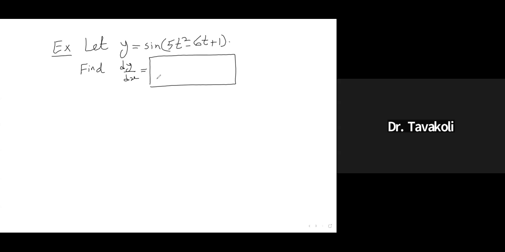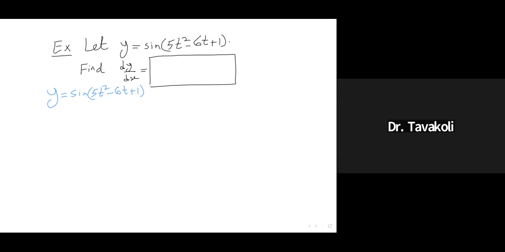But it is sine of this trinomial, 5t squared minus 6t plus 1. So the function that we have is a little complicated because it is a composition of a sine function and a trinomial. We know how to deal with sine of a variable.